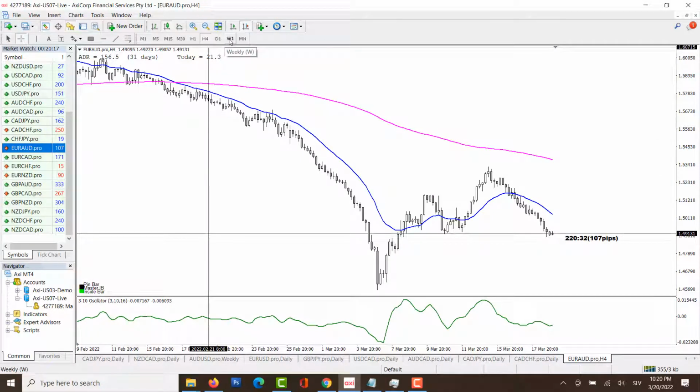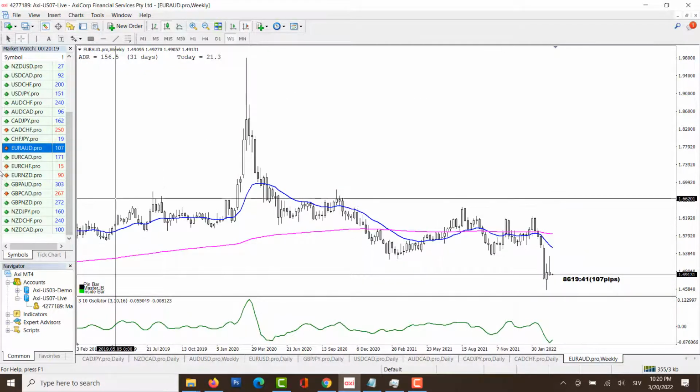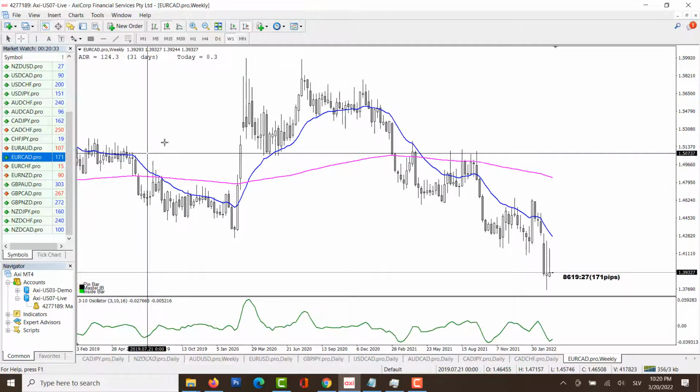So train your eye, and this is where experience comes in, right? I always say it's good to know what's not happening in the market, because then you know that you will not trade it, and you do not regret anything. You just let it go.